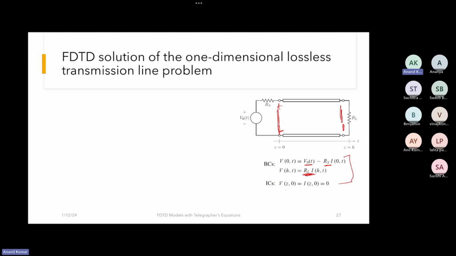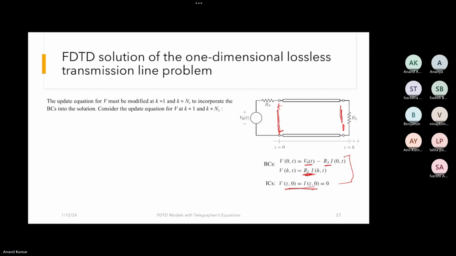The initial conditions told us that the voltage and current were 0 throughout the transmission line. Now using this, we obtained in the previous slide this expression, and using the boundary conditions we can write this expression over here for the boundaries.